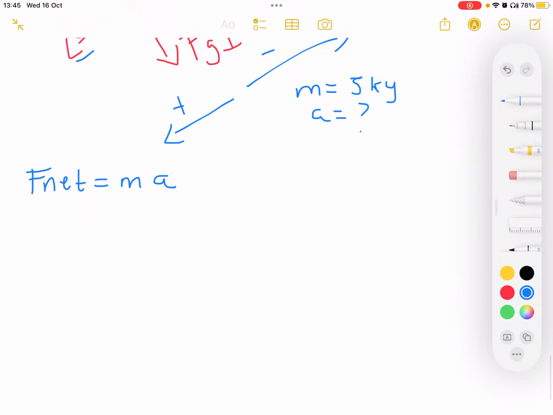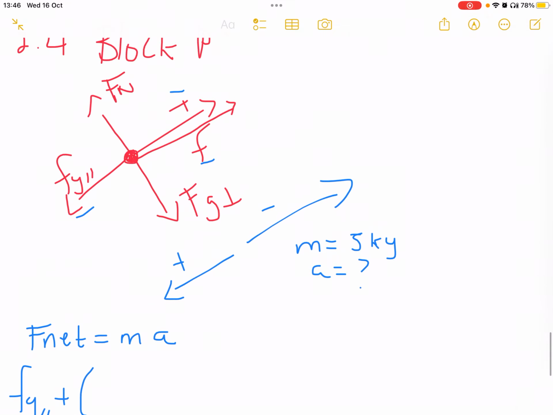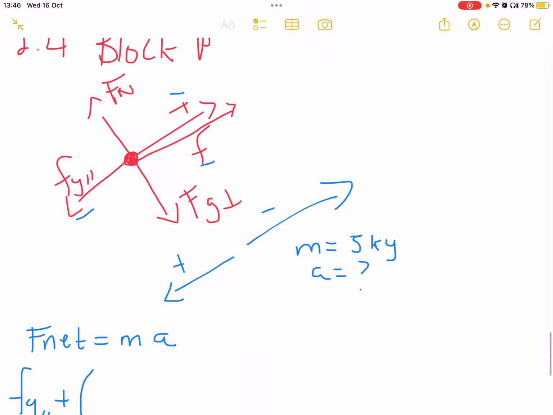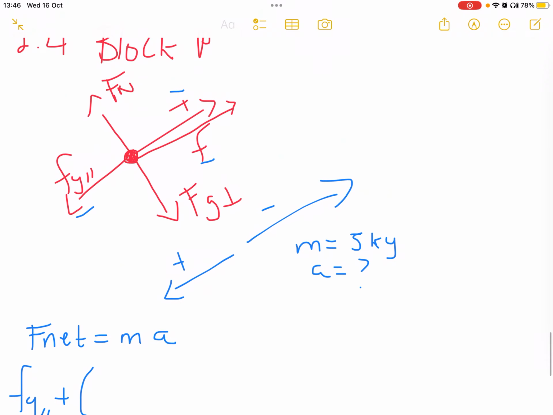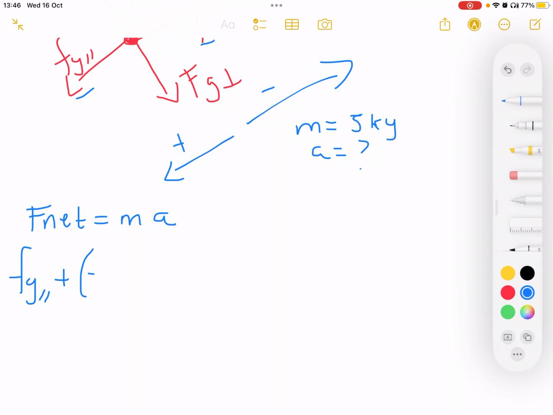So we'll start with our Fg parallel, which is positive, plus, put it in brackets. As you can see here, tension is going up, so it's negative. Friction is going up, so it's negative. So we'll start with negative friction plus a negative tension, which is equal to mass times acceleration.